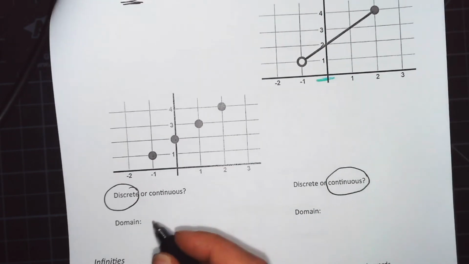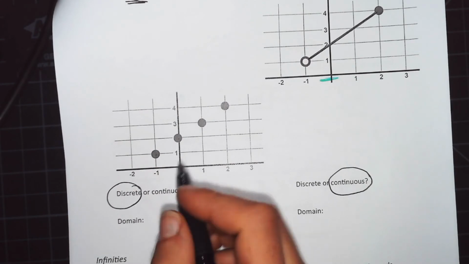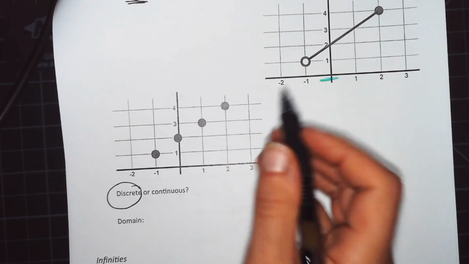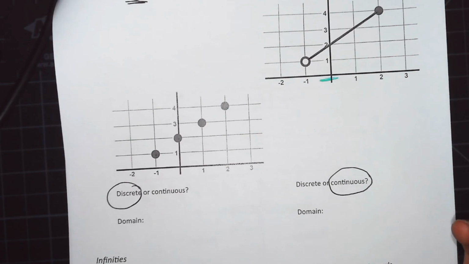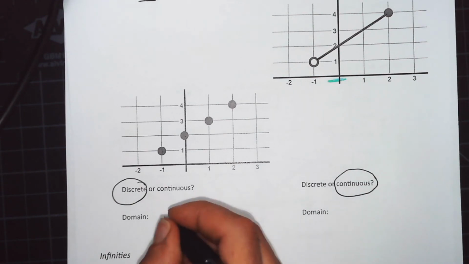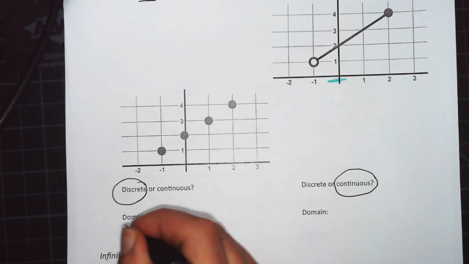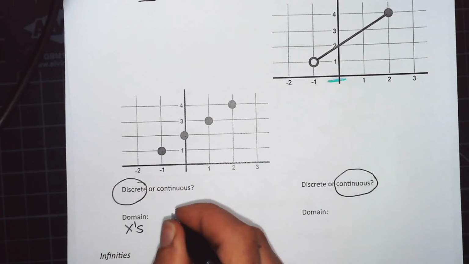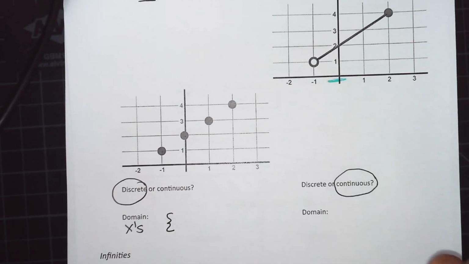When we have a discrete graph, especially here where it's just 4 points, we use kind of a fancy notation. Try it out. It's a little bit fun, but don't stress over it. Usually when we're talking about the domain, and again, we're just talking about x's, we make a list of the x values, and we use this fancy curly bracket. Try it if you like it.